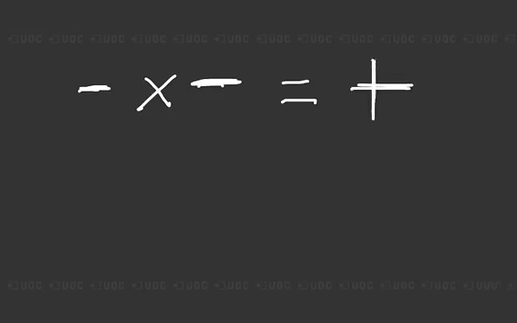So a negative squared is a positive, and a positive squared is a positive. So that means a negative squared can't be a negative, and a positive squared can't be a negative. So what squared is a negative?